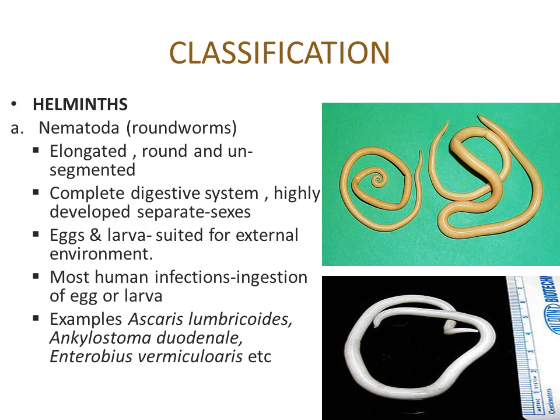Eggs and larvae are suited for the external environment. Most human infections occur through ingestion of eggs or larvae. Examples: Ascaris lumbricoides, Ancylostoma duodenale and Enterobius vermicularis.